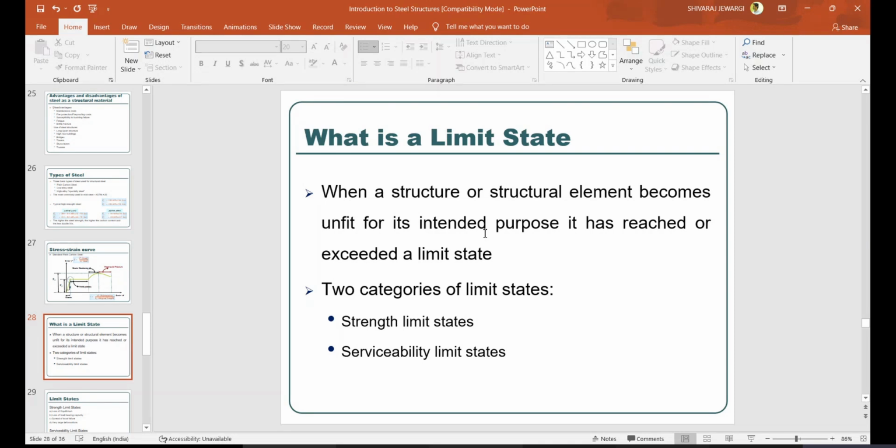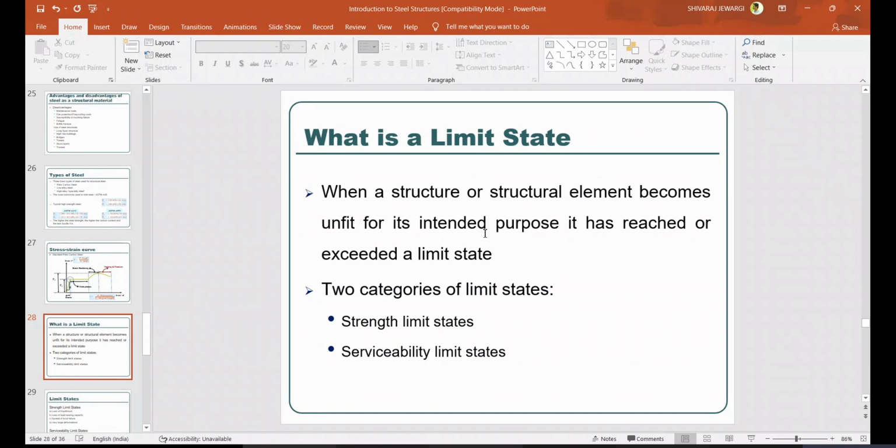Go back to RCC structures, there also it is the same concept, the limit state method. Working stress method has more disadvantages. We had three design philosophies: the working stress method, the ultimate load method, and the limit state method.